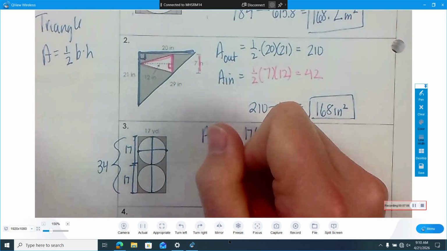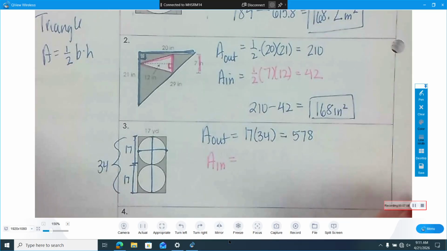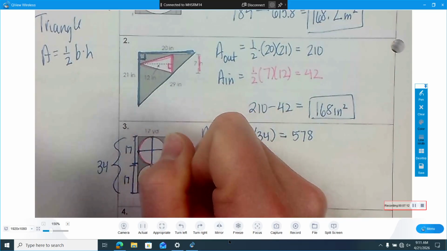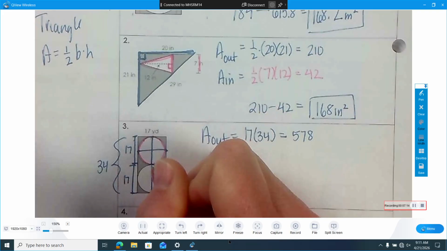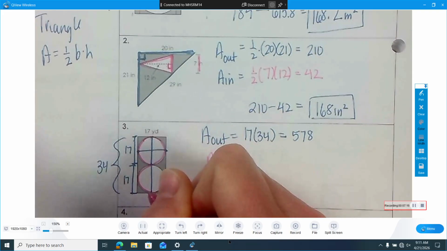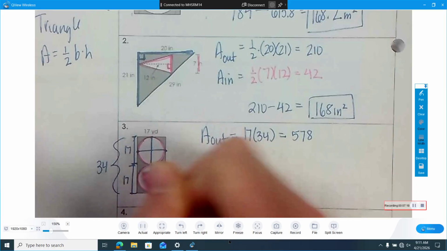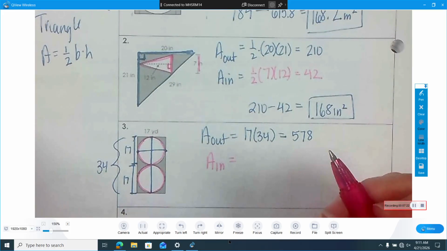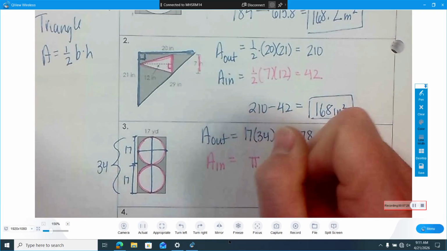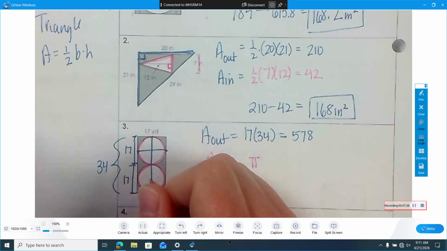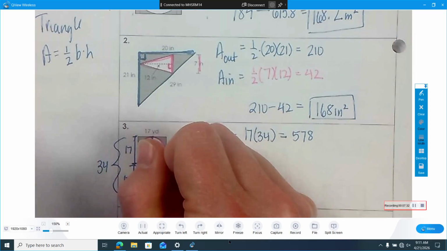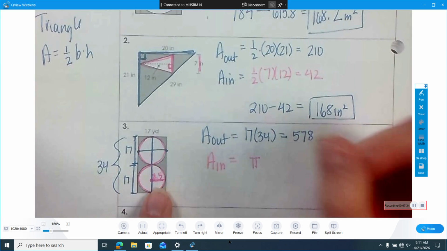And then the area of the inside, what are our inside pieces? 2 circles. So what did you say? Pi times radius squared. Very good. And what's our radius? 8.5. Our radius is half of 17.